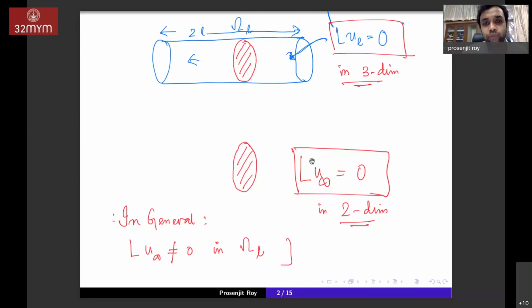And they will extend this U_infinity to the whole cylinder. So they will extend it as a function of x2, x3. If this cylinder is in 3 dimensions, x1, x2, x3, they will just drop the x1 term. They will compute this U_infinity and extend it to the full cylinder, and they will go on with the computation most of the time.